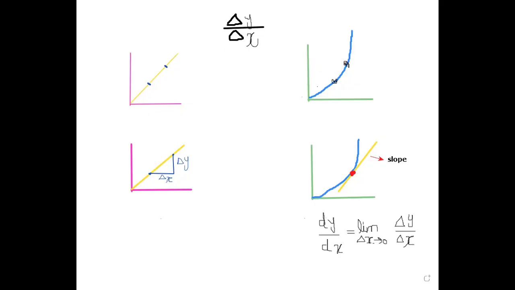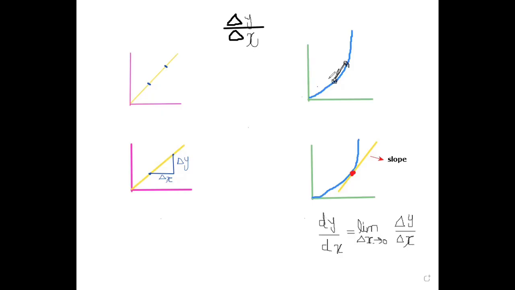That would be the slope of the secant line connecting them. Sorry, it's not drawn very straight, but there should be a secant line. So it would be the slope of this secant line.